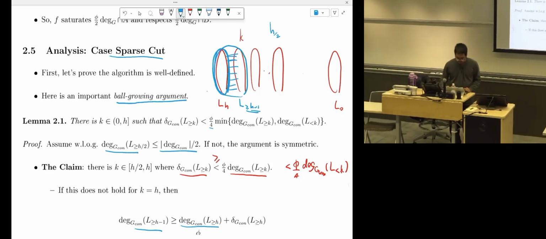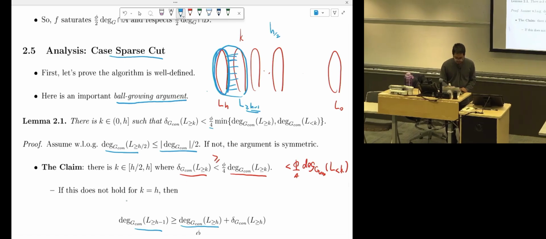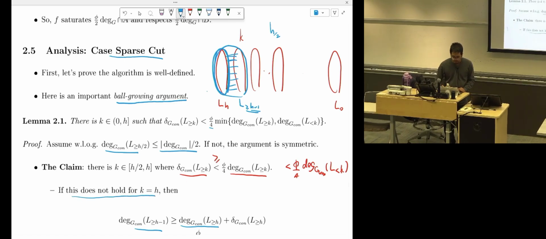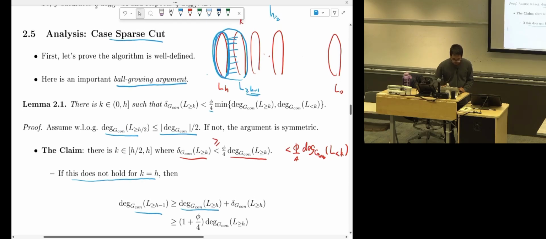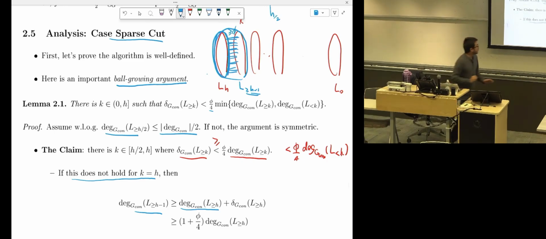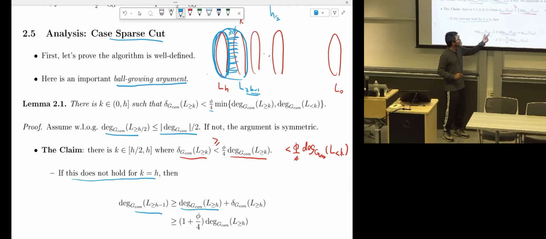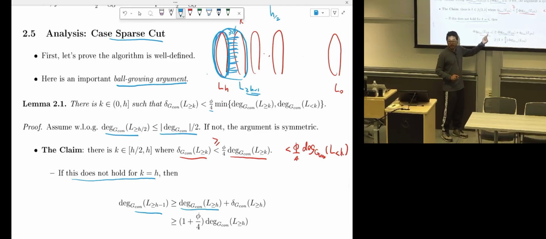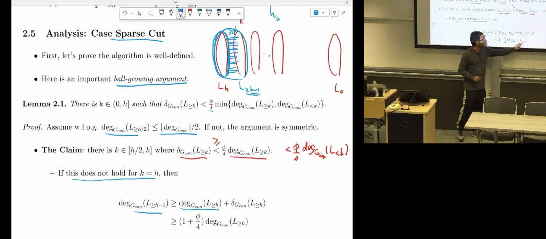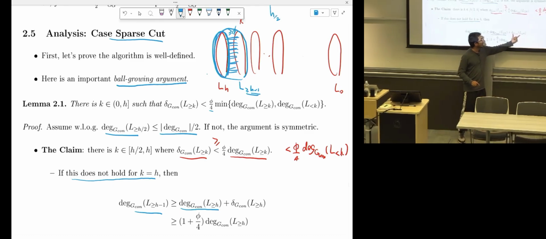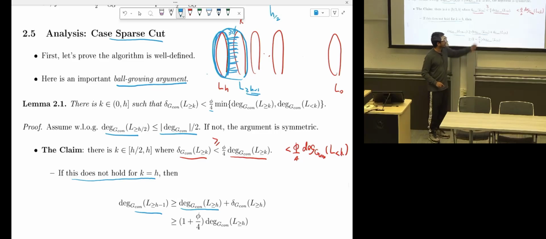Okay. But if the claim doesn't hold for k equal h, then it means that the cut here is quite big. It's at least a phi fraction. So it means that the volume of the layer h minus 1 compared to the layer h grows by at least a factor of 1 plus phi over 4, just because this is at least phi over 4 of this one.